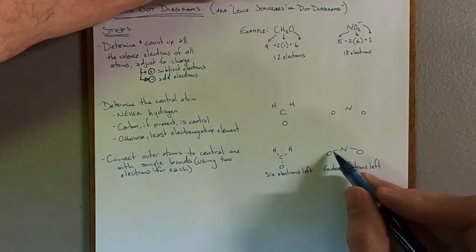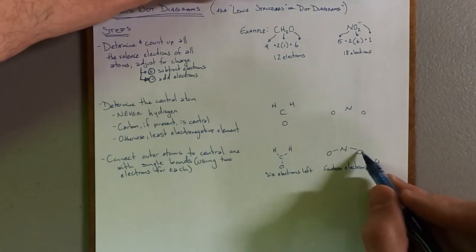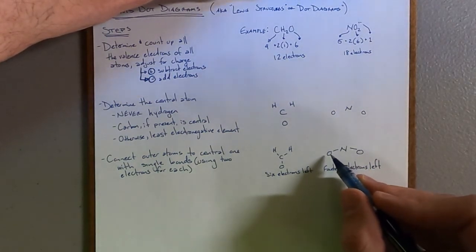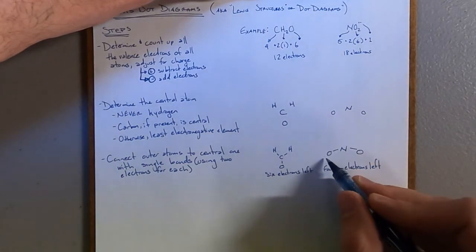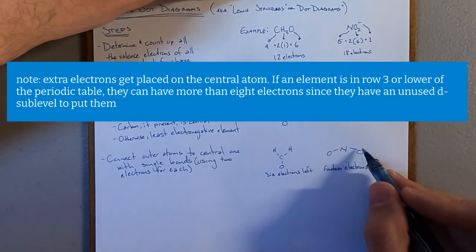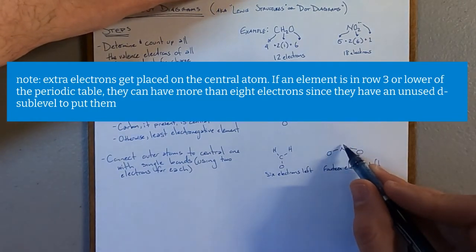With this, each of these oxygens has only 2 electrons connected to them right now, but they need 8 to be stable, and so we would put 6 on this one and 6 on this one. We'd have 2 electrons left, and we would put those on the nitrogen in the middle before we ran out of electrons.